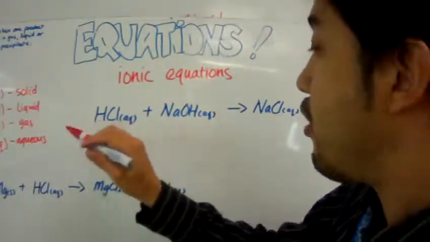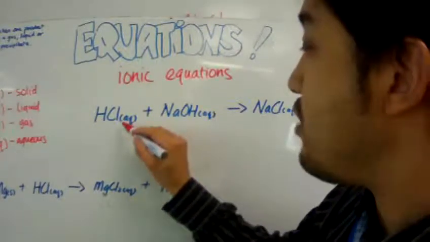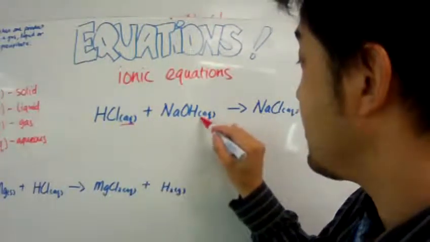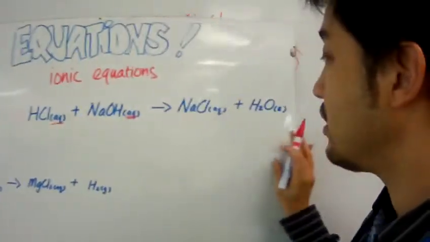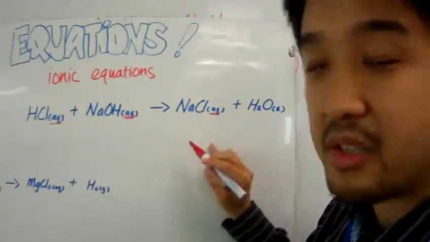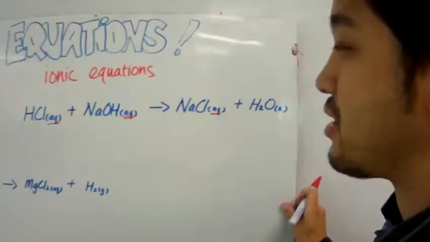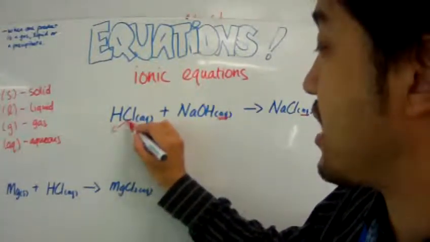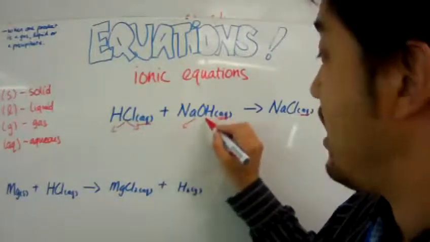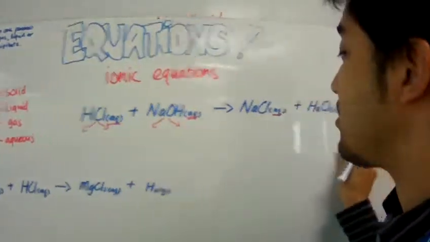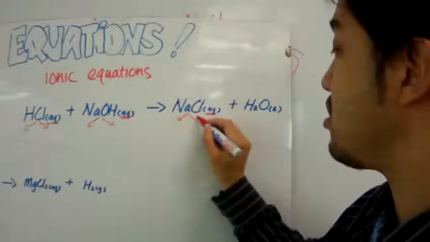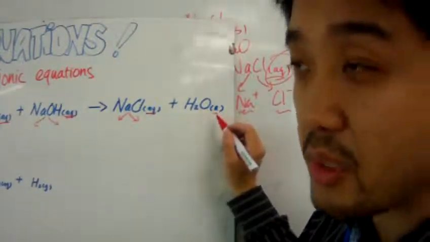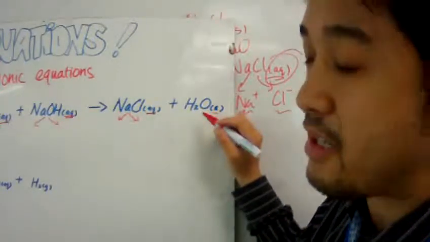For writing ionic equations, every time you see the state symbol aqueous, you will break it down into its two respective components. For that, I would just draw an arrow to represent what it broke down into. Now, the liquid here, the water molecule, does not break down.